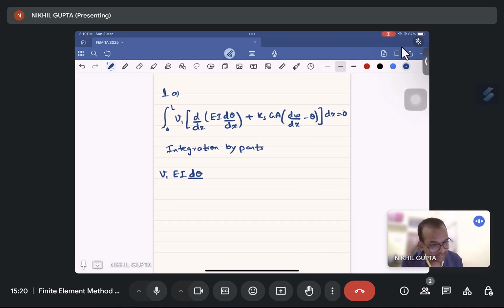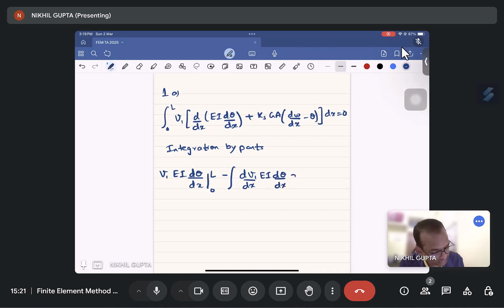So we can directly write v1 EI d theta by dx from 0 to L, then minus dv1 by dx EI d theta by dx, plus v1 ks GA w from 0 to L. This is a boundary term.